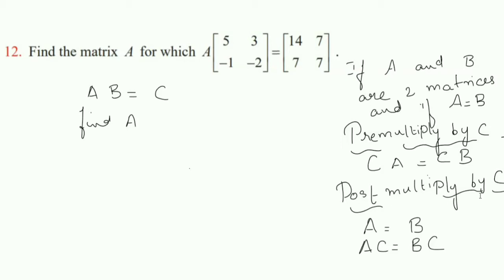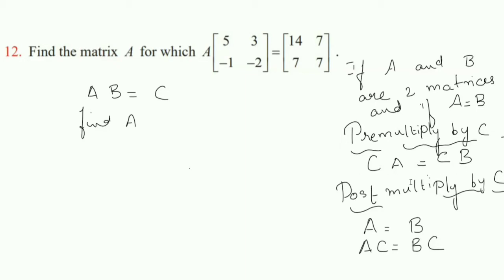Now before that we should know this concept. If A and B are two matrices and A is equal to B, the concept of pre-multiplication. What is pre-multiplication? Suppose I multiply by a matrix C. Pre-multiply means multiply before the matrix A, and also multiply before the matrix B. So it is called pre-multiplication.